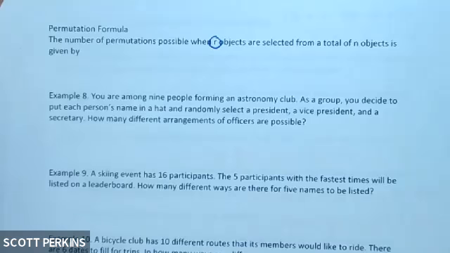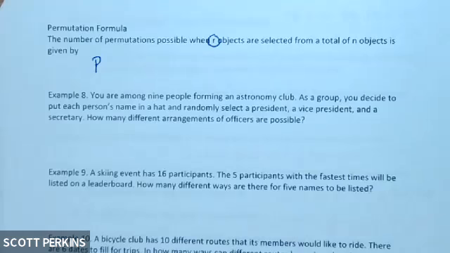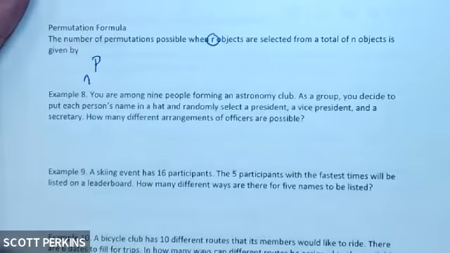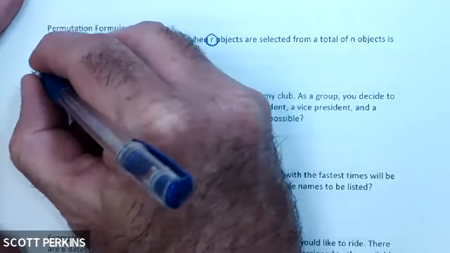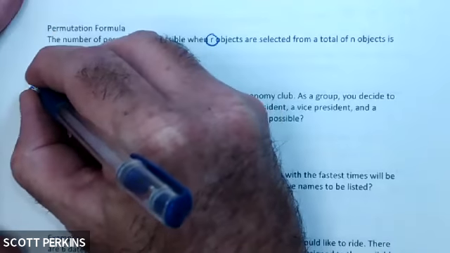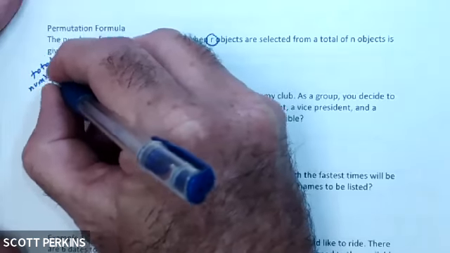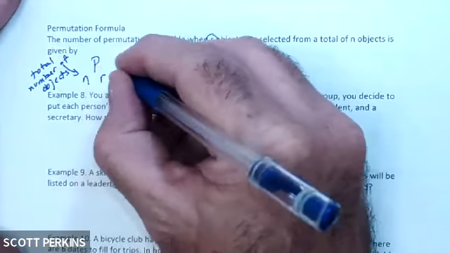Here's how this formula looks. Capital P. P stands for permutation. That's what you write down when you have an ordered arrangement, when you know order matters. On this side, this number is N, the total number of objects. And we're choosing R of them.